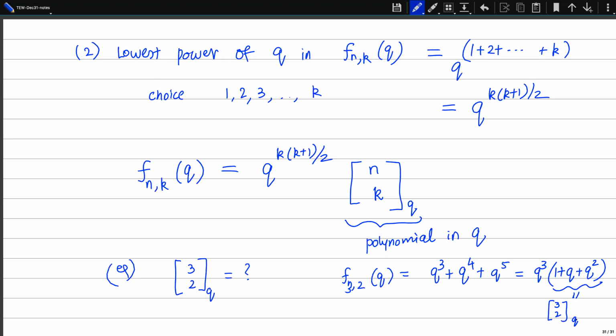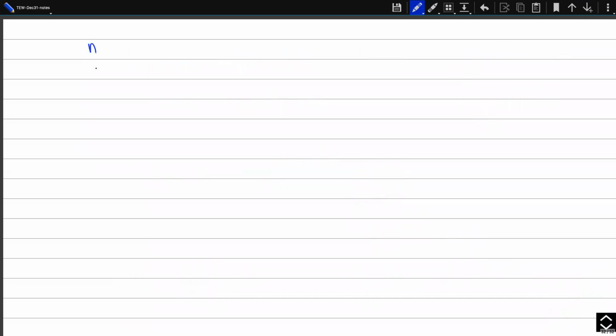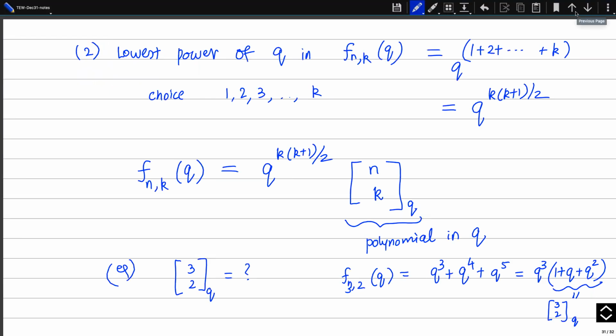Okay. So again, interesting question. What do you get if you put q equal to 1 into this? So I take the q binomial coefficient n choose k q, and now I substitute q equal to 1. Then what do I expect to get? So remember, this is the definition.